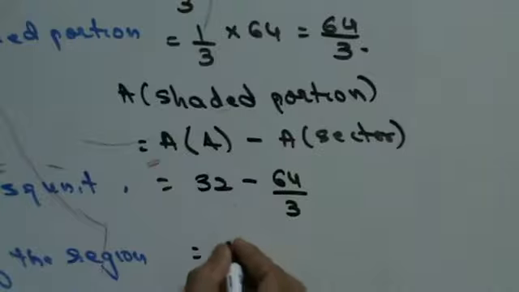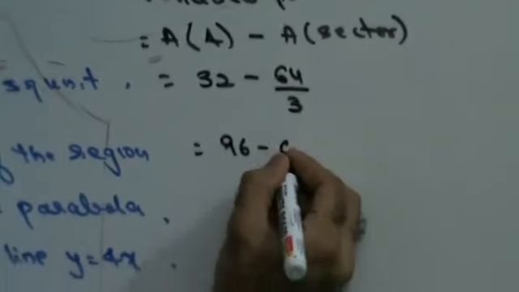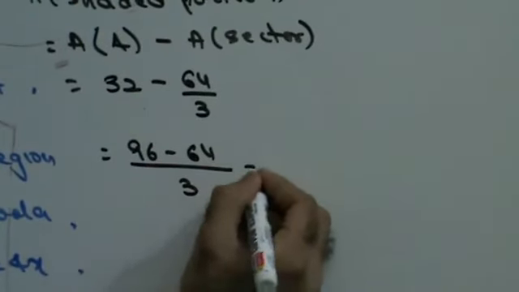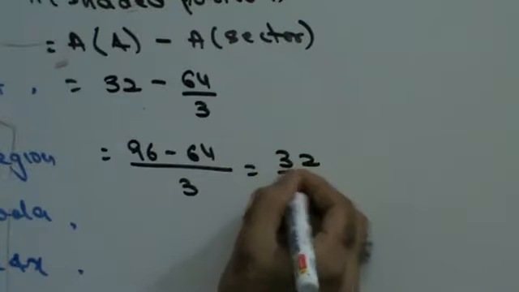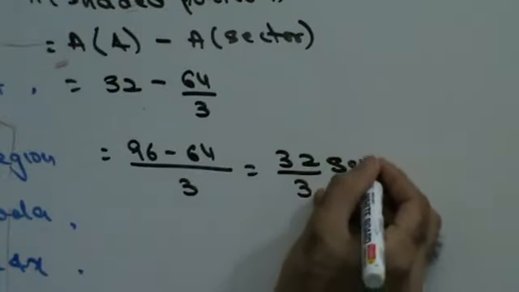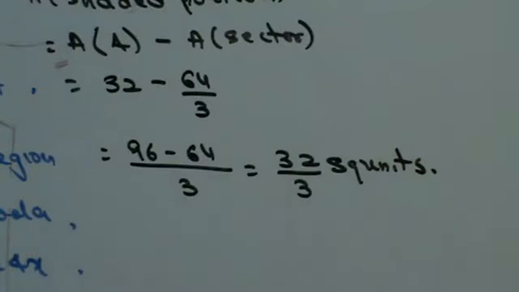This is 96 minus 64 by 3, which is 32 by 3 square units. That's going to be my area of the shaded portion. Fine, do we get this clear? Next, let's now see how we find the volume of a particular region.